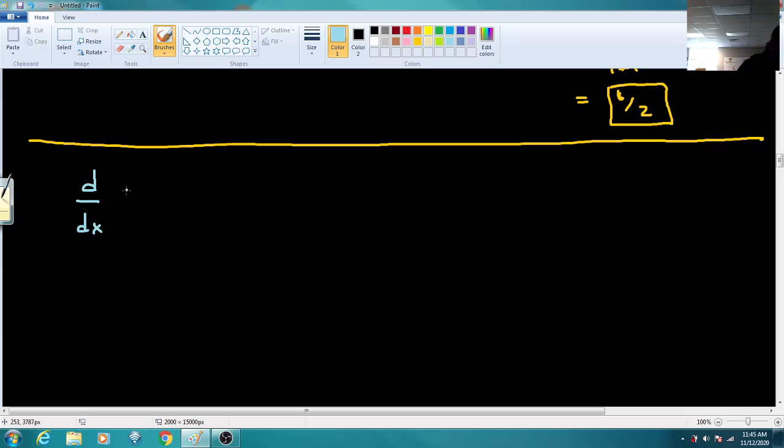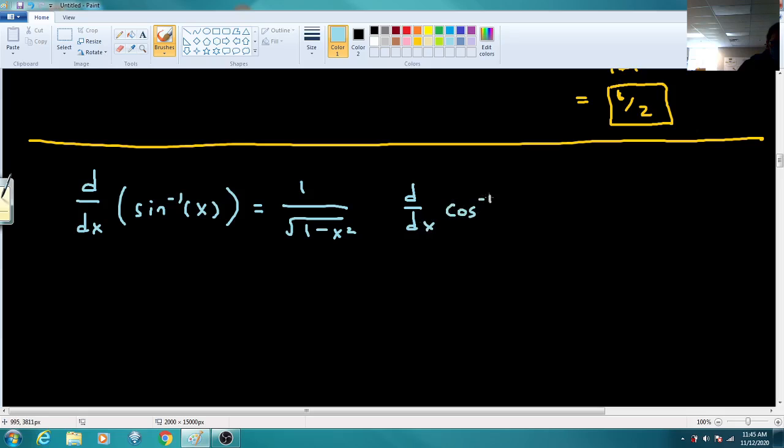So we got d dx of arcsine. That's going to equal 1 over the square root of 1 minus x squared. And the derivative of arc cosine, that's going to equal the negative of this value.